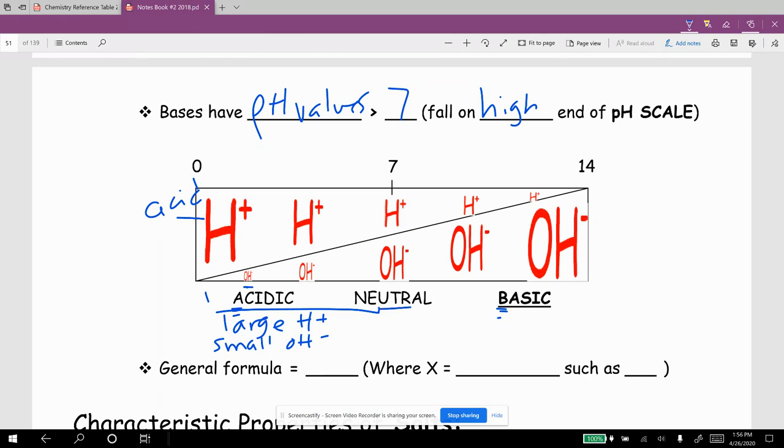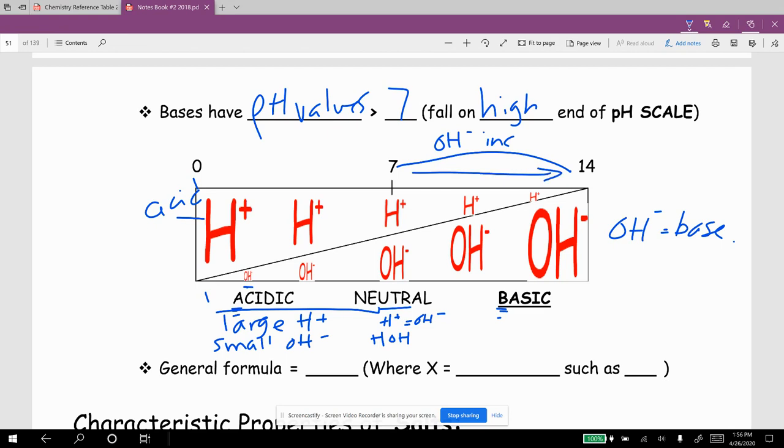So our neutral here, our H plus equals our OH minus, right? Water, HOH. So now in our base range, here's our base ion, right? So our base ion over here. So then in our basic range from 7 to 14, we notice that our OH minus increases, right, from 7 to 14.